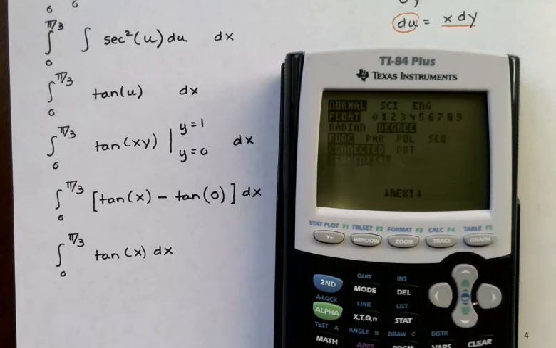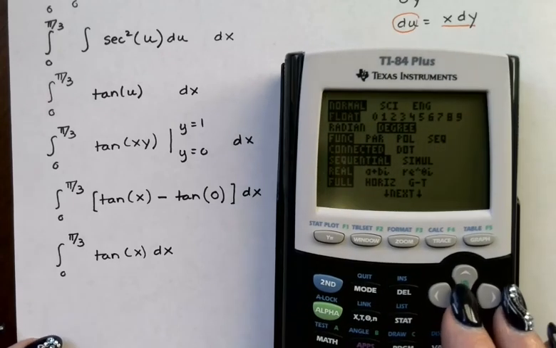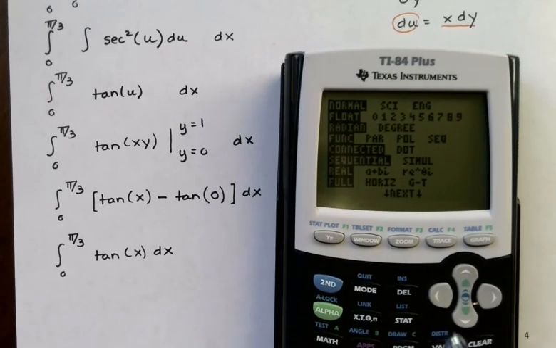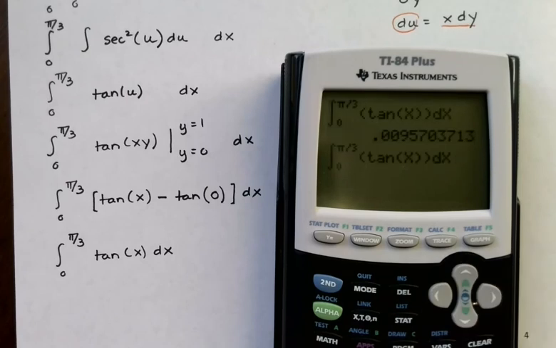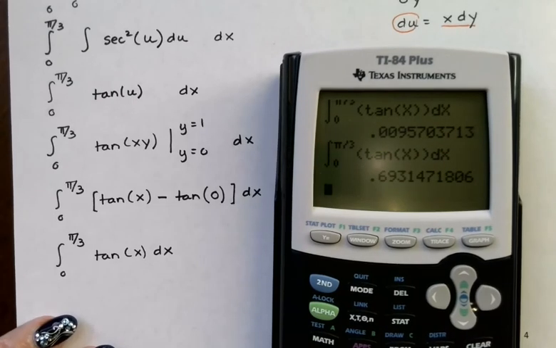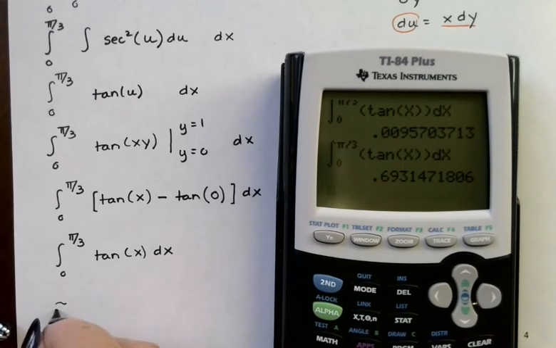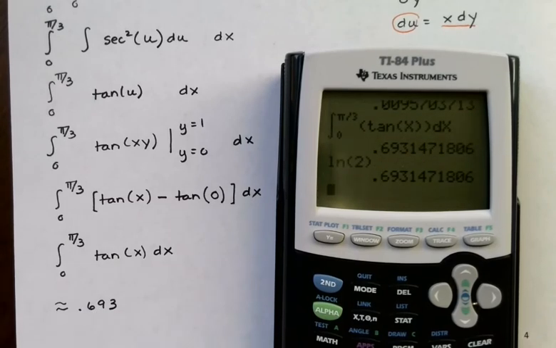I probably didn't check my mode. I did not. I was in degree mode, and I should not have been. Let me go back and do that one more time in radian mode. That's much better. Looks like I get about 0.693. I think that's ln2, yeah.